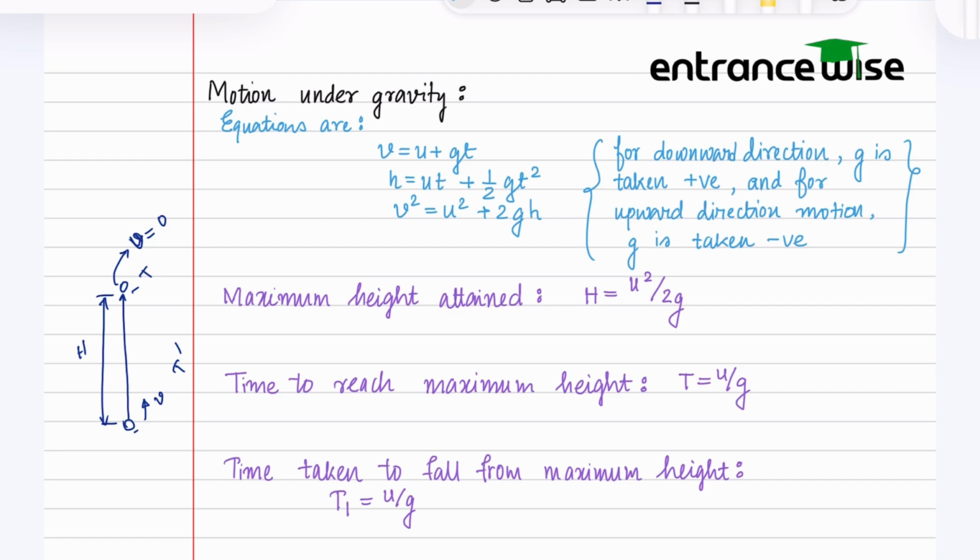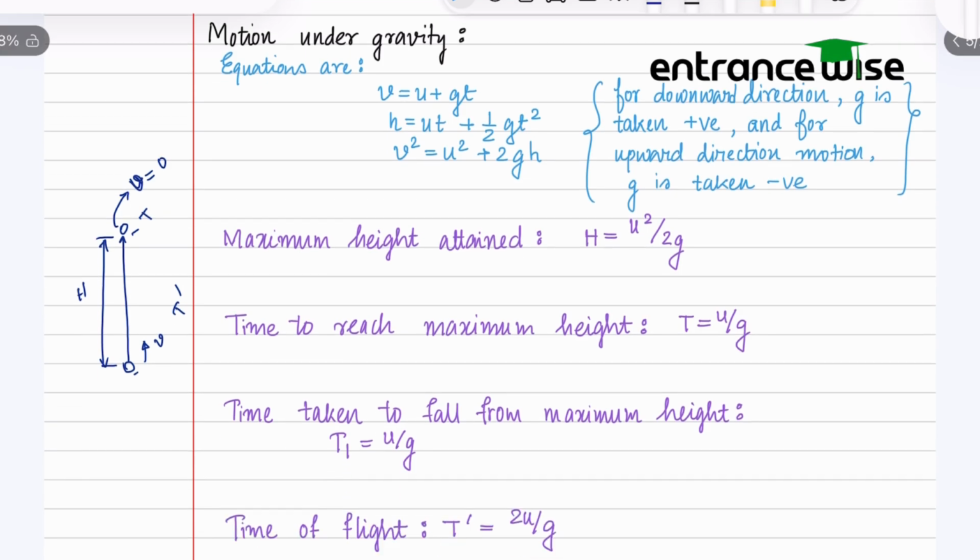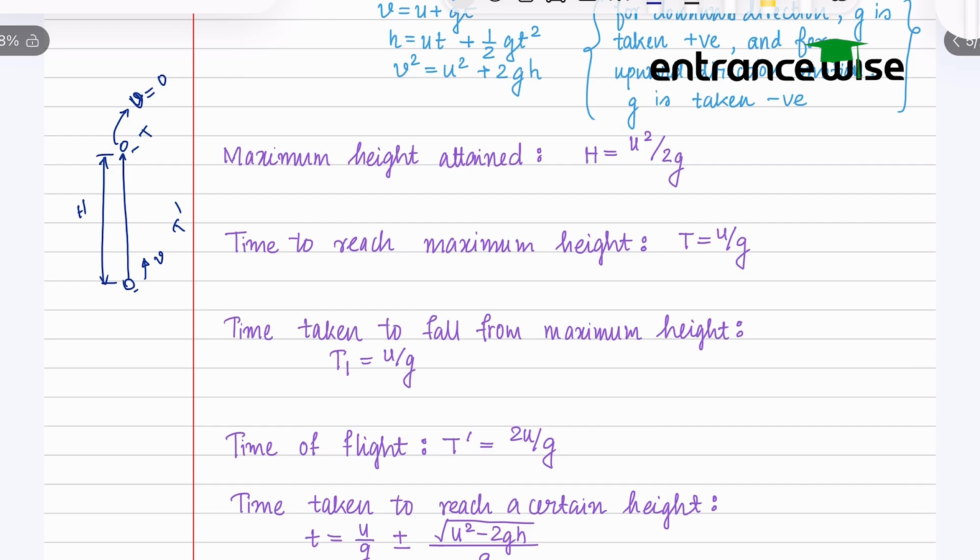Okay. So now let's discuss about time to reach maximum height. The time t taken to reach the maximum height is when the object momentarily stops before falling back.